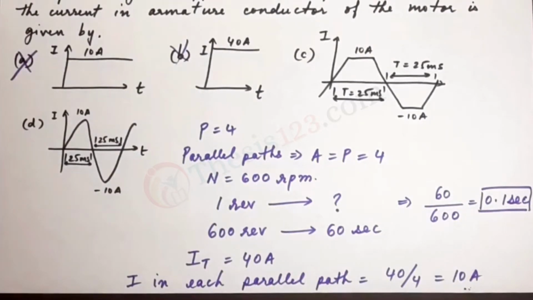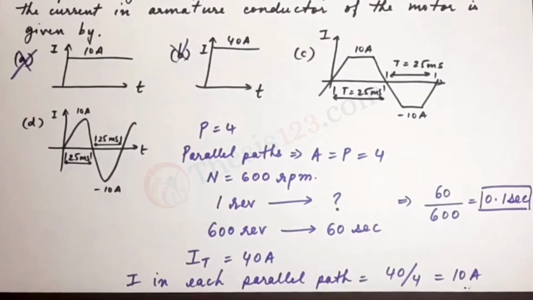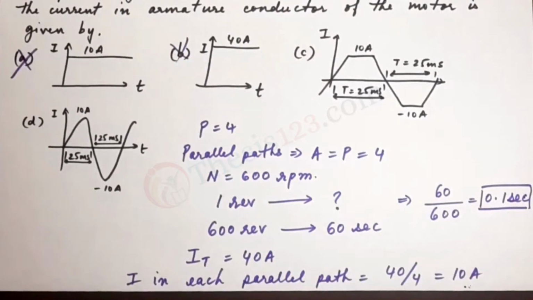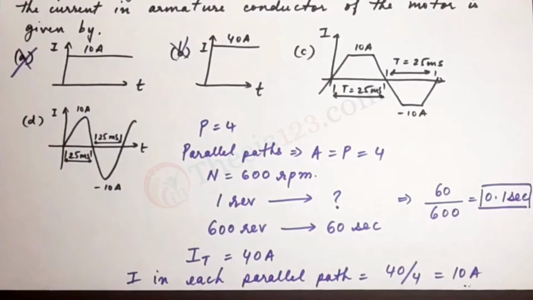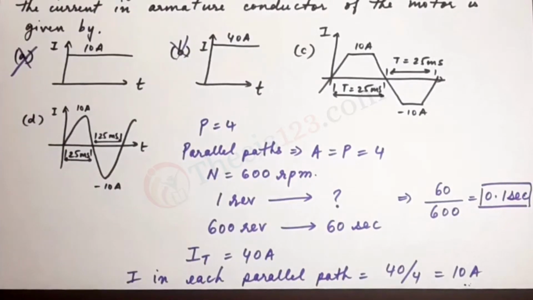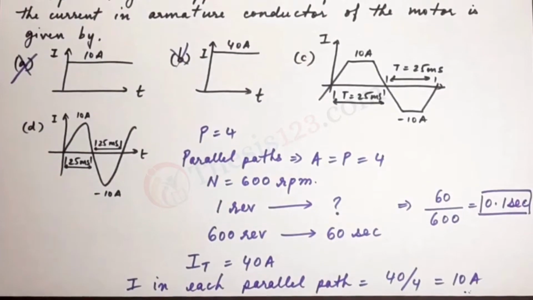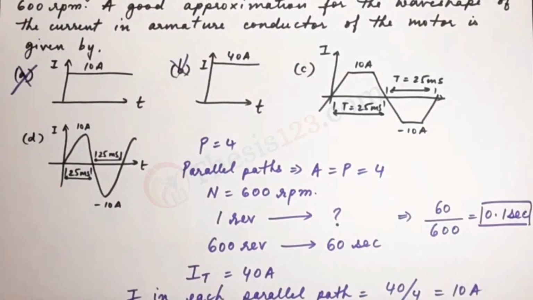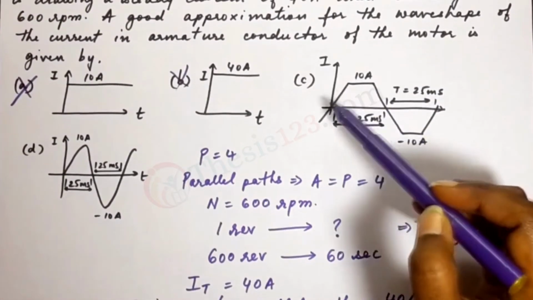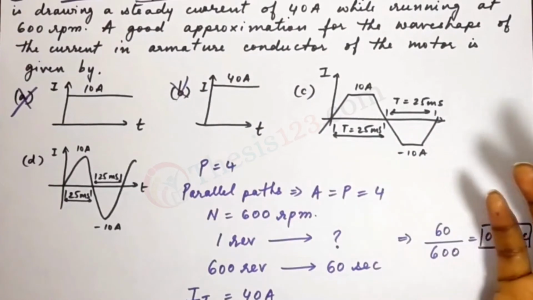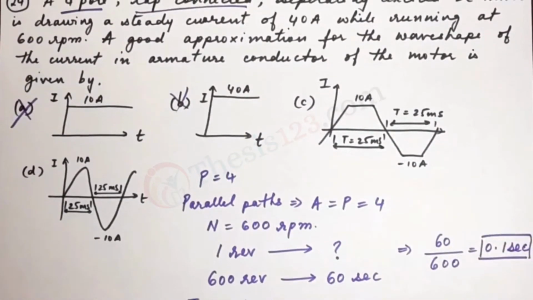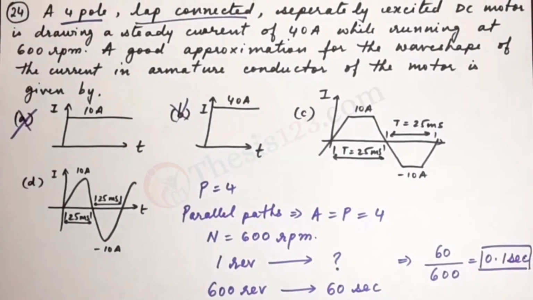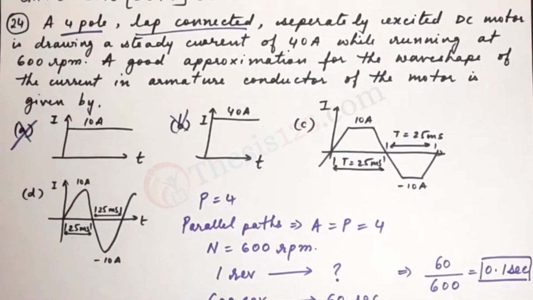The pole pitch is the distance from center to center between 2 adjacent poles. It is good to keep a note of that as well. So we find out the time period for 1 pole pitch. In other words, it is the time period for 1 half wave or 1 half cycle. Sorry. Okay. So I'll show you both the methods.